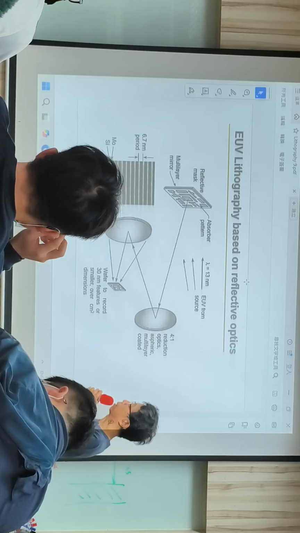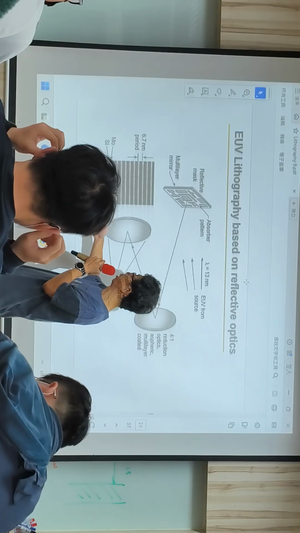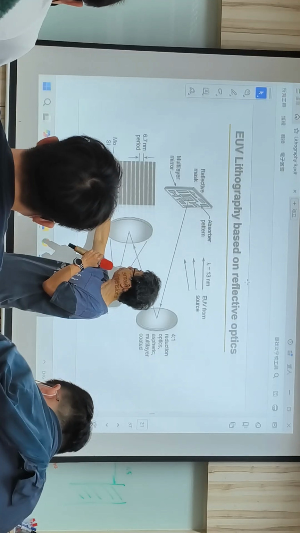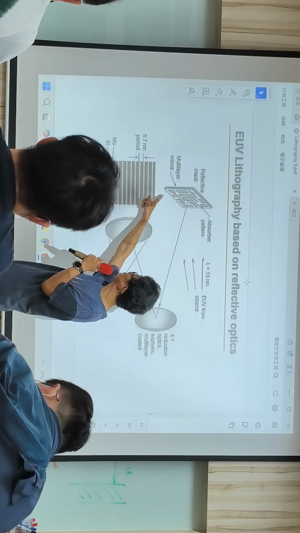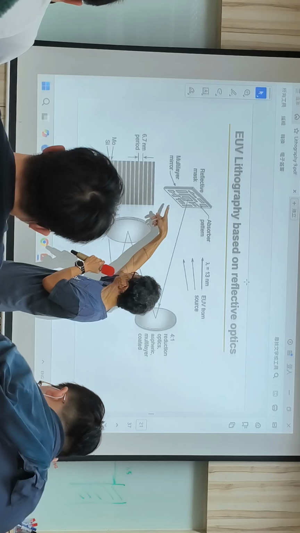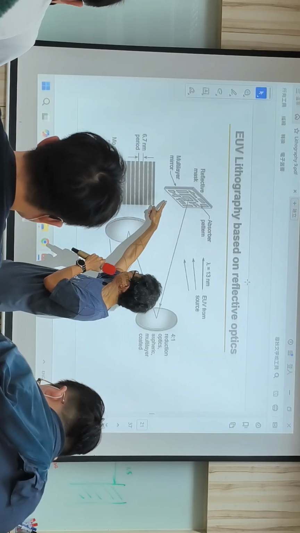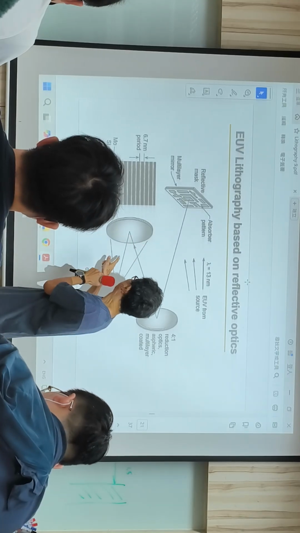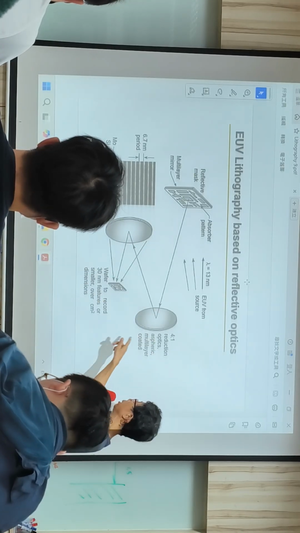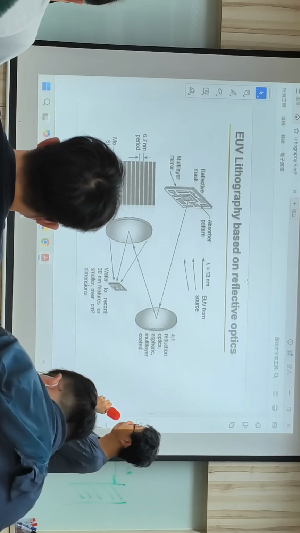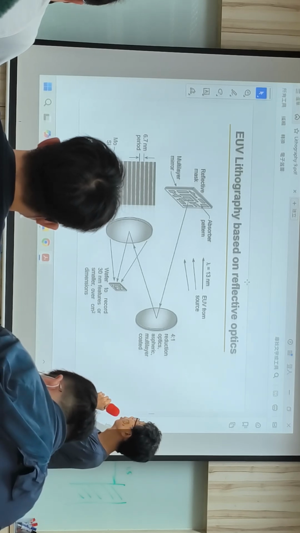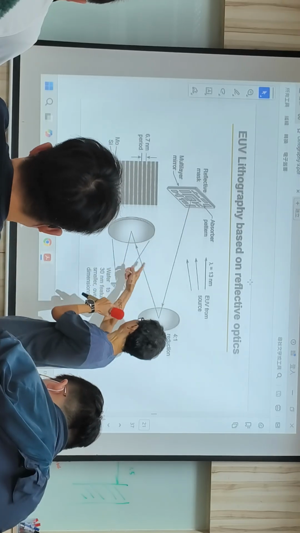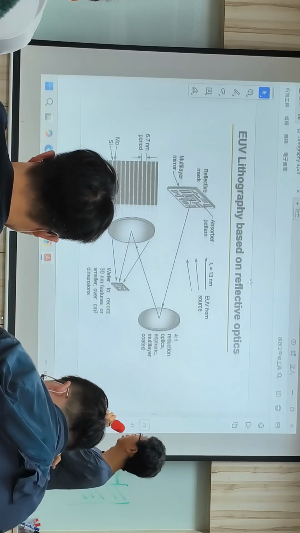Okay, so for the mask, this is a cross section. And it is silicon and molybdenum. And this is the schematic of the mask. So even the mask and the lens, everything is in mirrors. So EUV from the source goes to the mask and then goes through 6 mirrors.